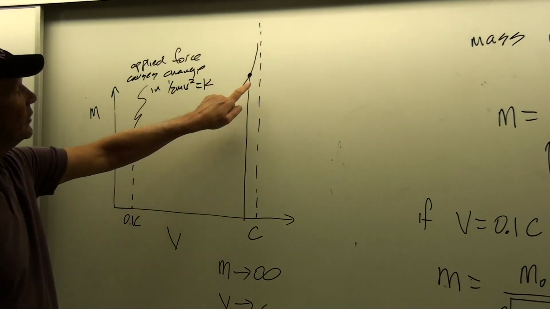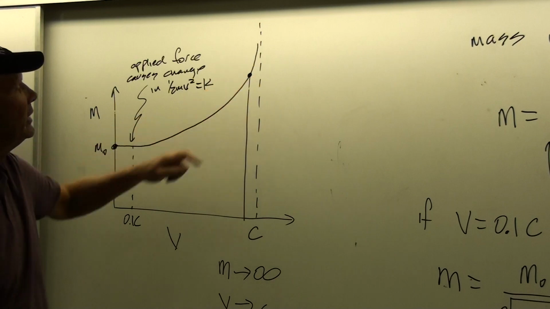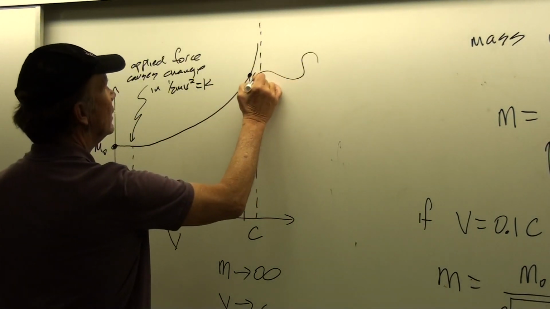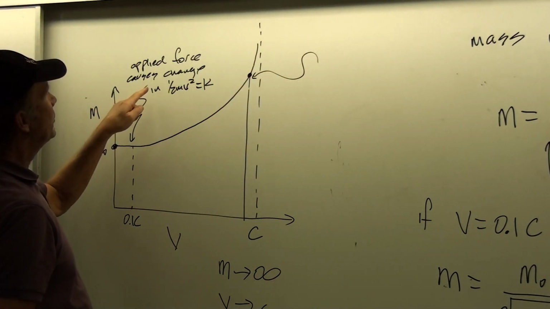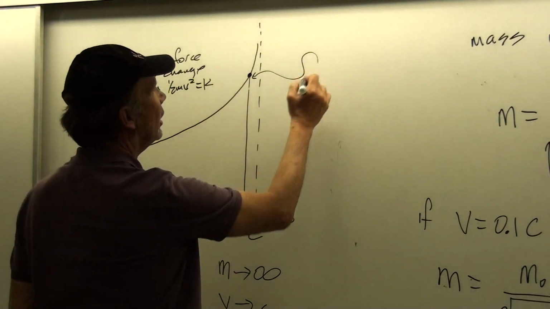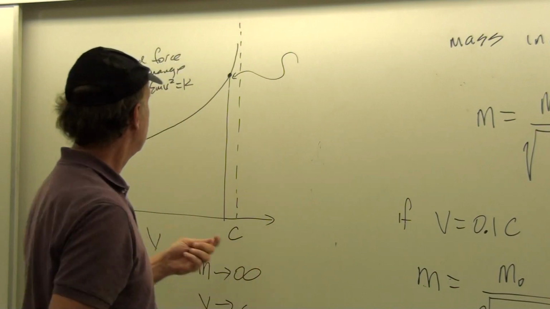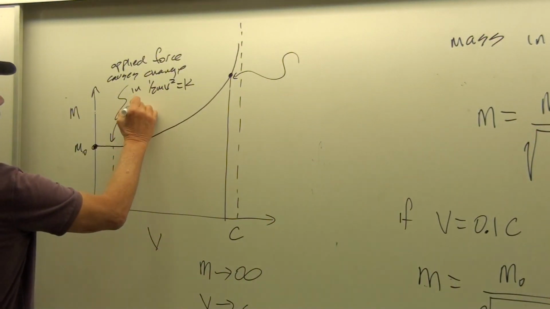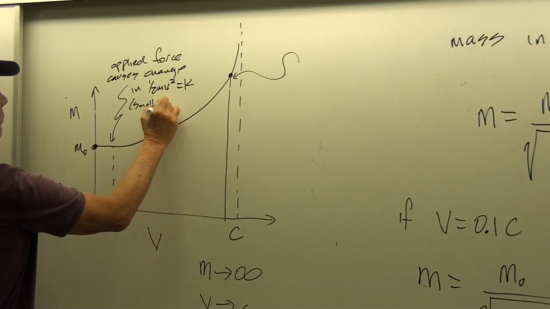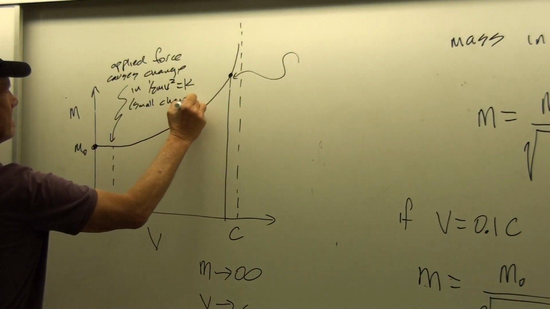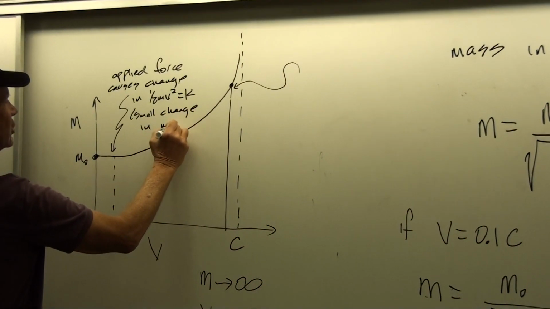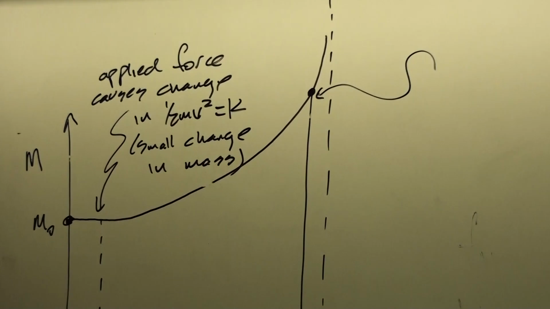But 1/2 mv squared isn't valid up at this point anymore, because the applied force causes a change almost entirely in the mass, only a little tiny bit in the speed. Here, we have a little change in the mass, but not very much. So a little bit of it goes into changing the mass, but not much.